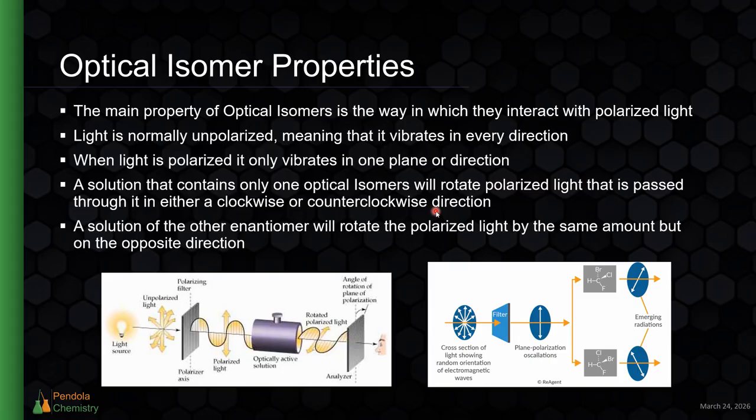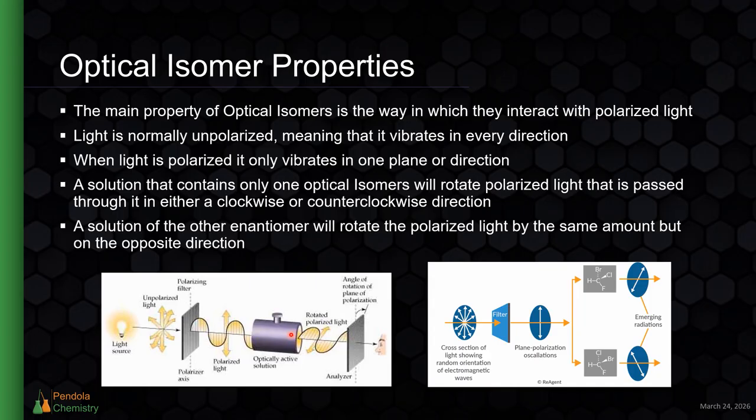Now, what issues do optical isomers have? Optical isomers, for the most part, behave very similarly. The main property that's going to be different for optical isomers is the way in which they rotate or interact with polarized light. Polarized light is when we grab light and put it through a slit, so we have just one line of light.